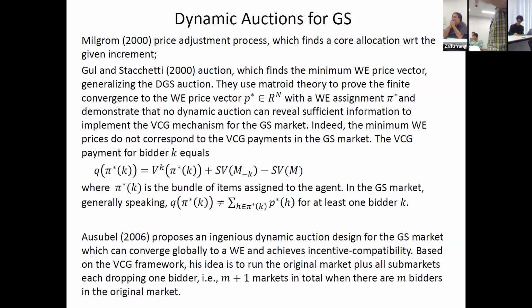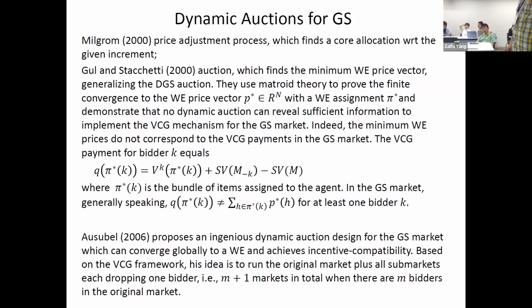They made quite a lot of arguments in the paper. As Hein said, it's quite easy to understand why this cannot be achieved, because in this GS market we still have a lattice structure of competitive price vectors. However, this minimum price vector does not correspond to the VCG payment for the assignment.